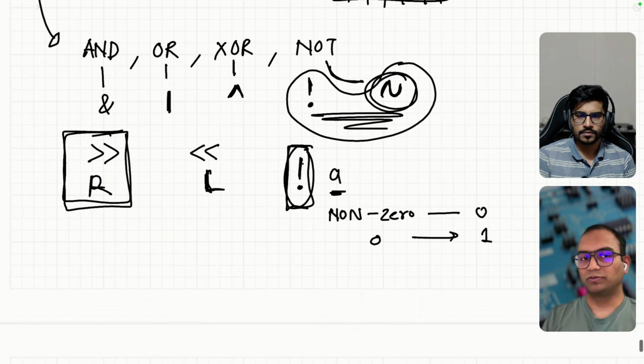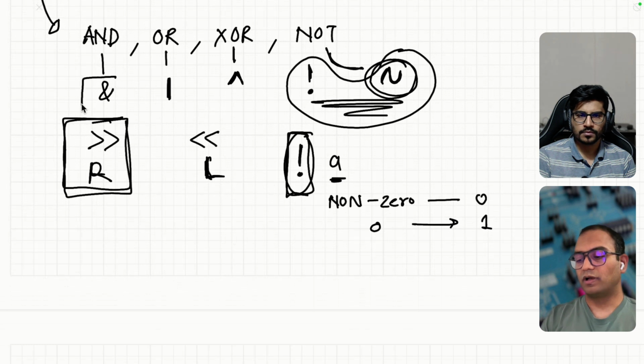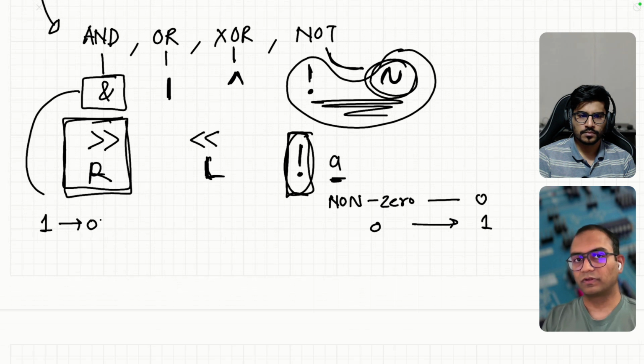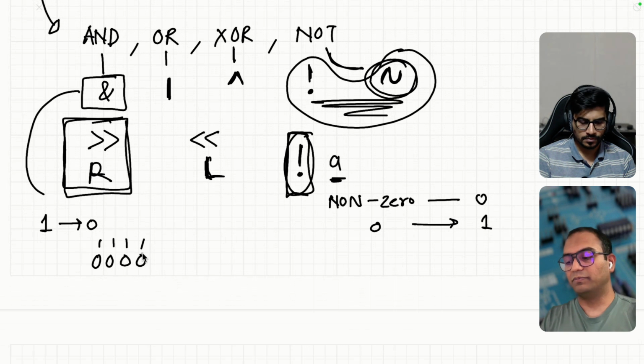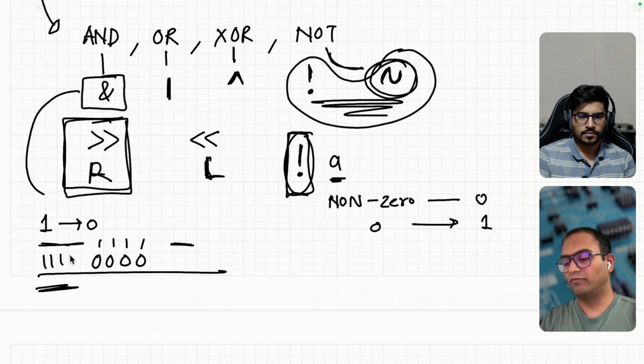Okay, now what all should you keep in mind? The AND operation is typically involved when you want to convert a 1 to 0. Then you would AND with zeros in the specified bit position, and the answer would be 1 in every other case if you AND with 1. If you want to retain the bits, AND it with 1.